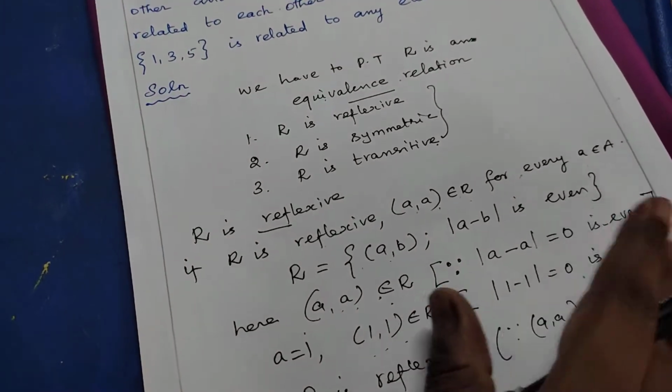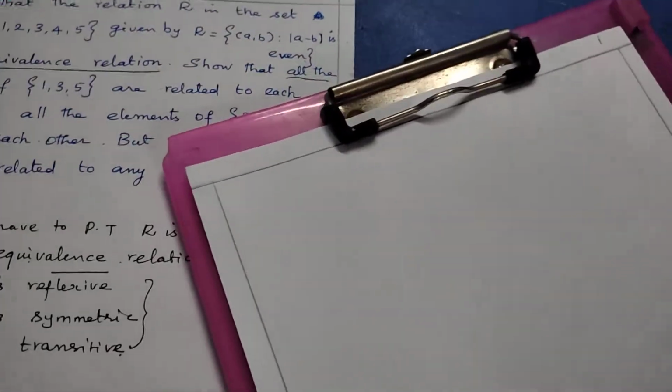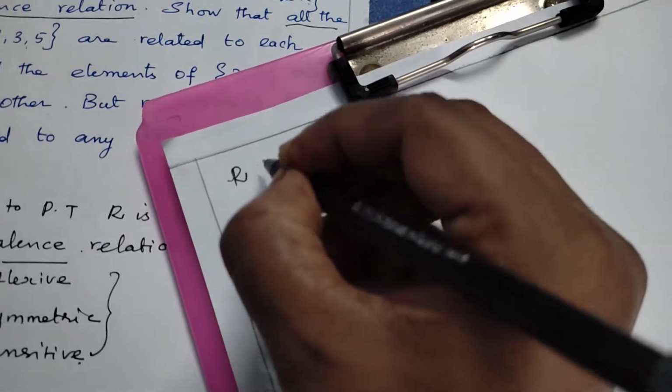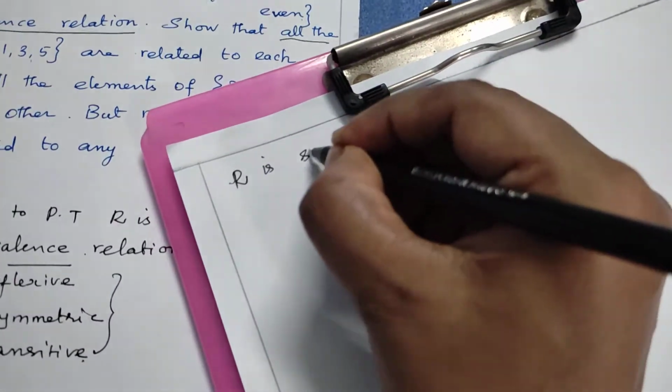We know the symmetric condition, no? First we have to prove that R is symmetric.